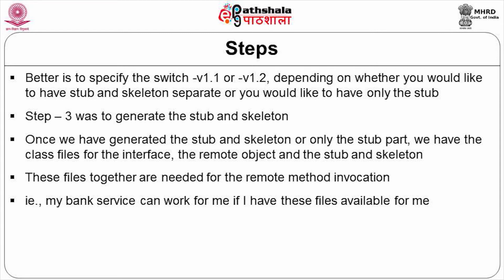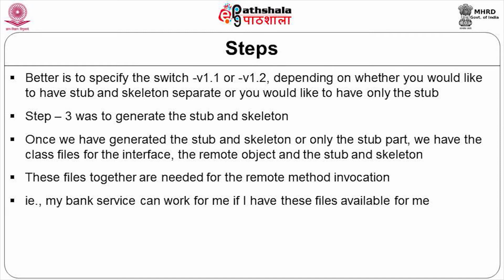So now step 3 was to generate the stub and skeleton classes. Once we generated the stub and skeleton, or maybe seeing only the stub part, these files together, that is the remote implementation class, the interface class file, and the stub or skeleton, the combination of stub and skeleton, are all needed for the remote method invocation.